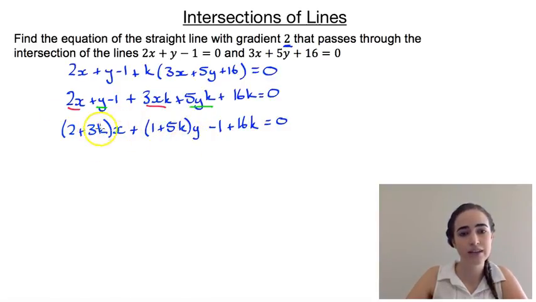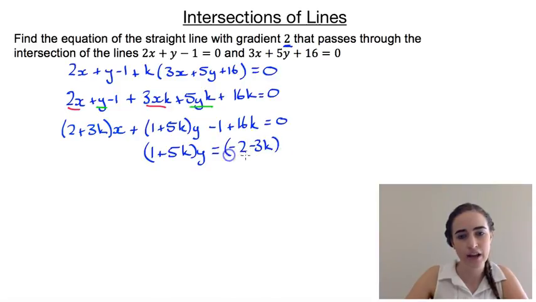So we're going to subtract this and move these over the other side as well. So we're going to end up with 1 plus 5k, y, is equal to minus 2 minus 3k, so we've just put our negatives in our brackets, x, and then we've got plus 1 minus 16k.